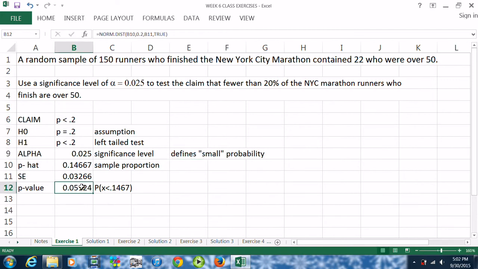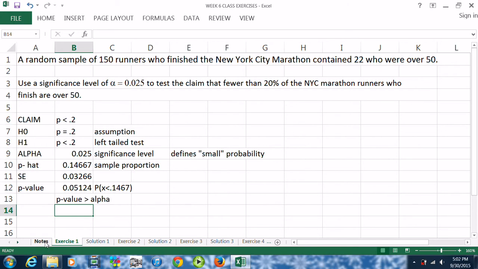And when we look at 0.05, we see that our p-value is not less than alpha, but is actually bigger than alpha, so it is not small. You'd have to be less than alpha to be small, because alpha is defining our cutoff for a small probability. So this then supports the null hypothesis because it's bigger than alpha.